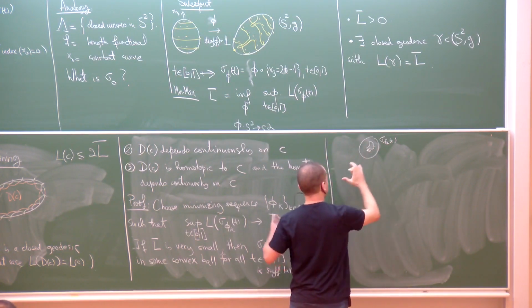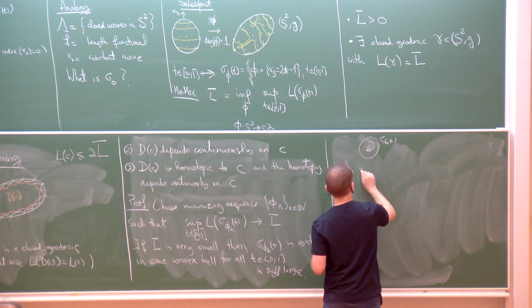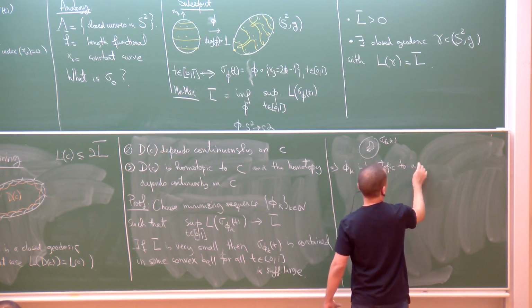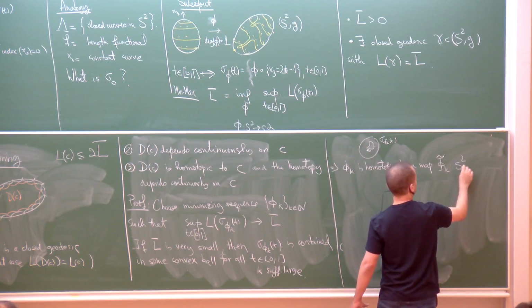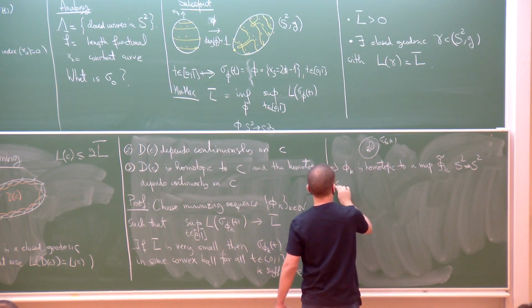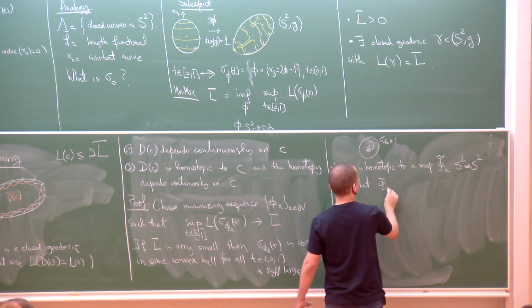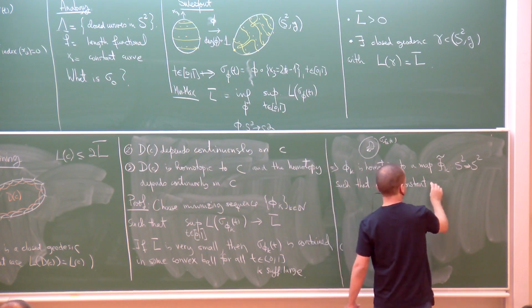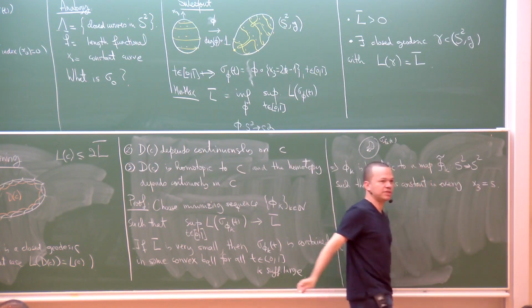So this means that I can do a homotopy so that my map phi_k is homotopic to a map phi_k tilde, which goes from S2 to S2, such that phi_k tilde is constant on every curve of this type.